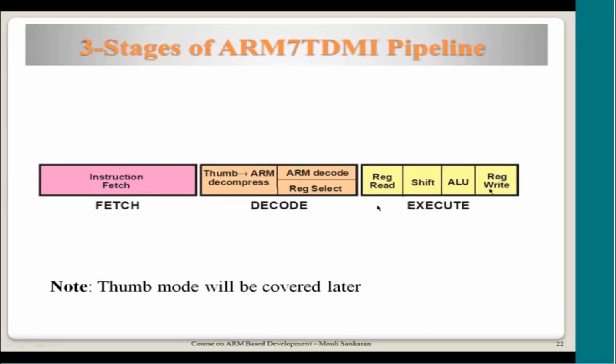This all happens in one cycle, as I explained through a two-phase non-overlapping clock cycle. So this is the operation done in each stage, and this is the Thumb instruction, please refer to it. We will cover it later.